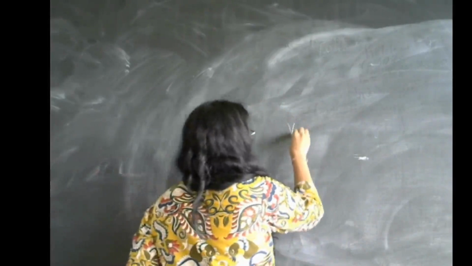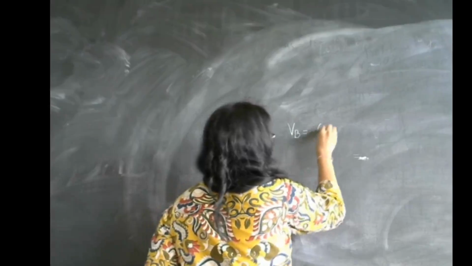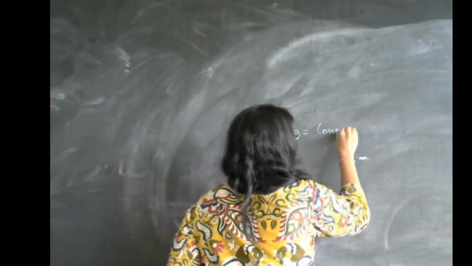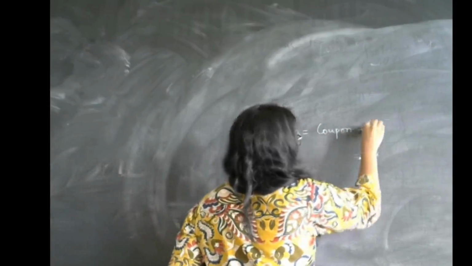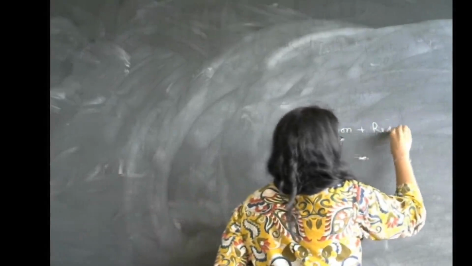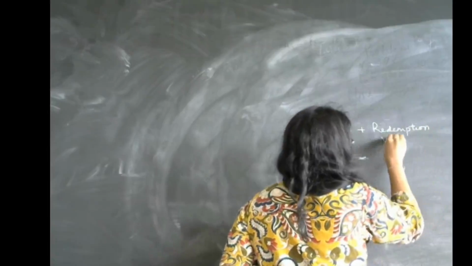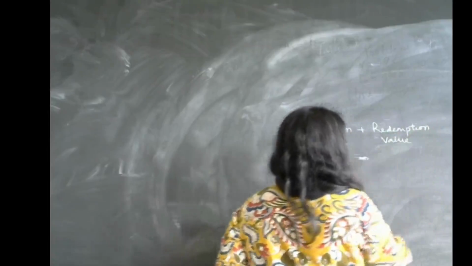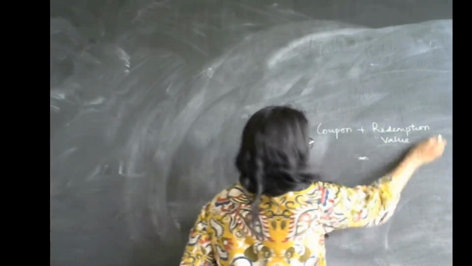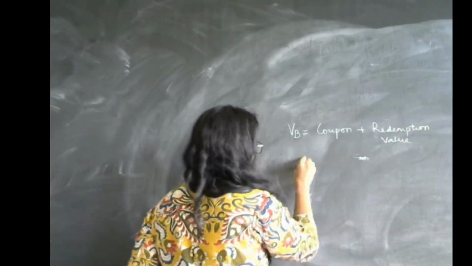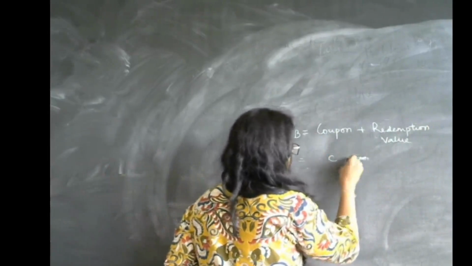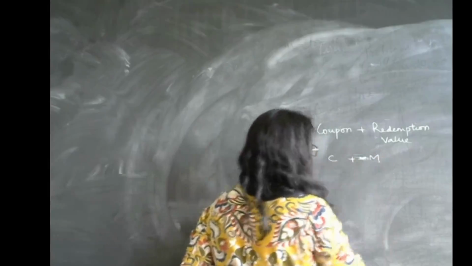Now the value of a bond is nothing but, I told you, it is coupon plus redemption value, right? So now let us write this in terms of formulae. Coupon plus redemption value.